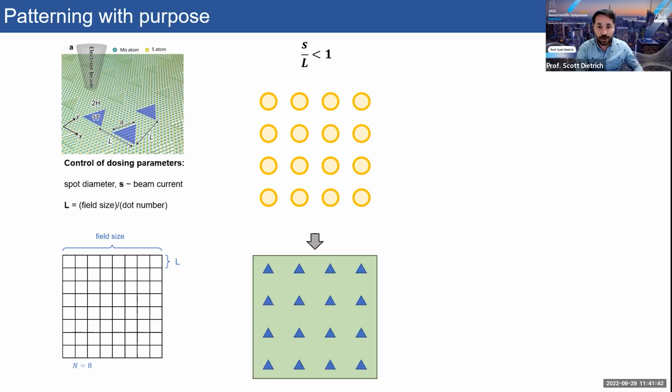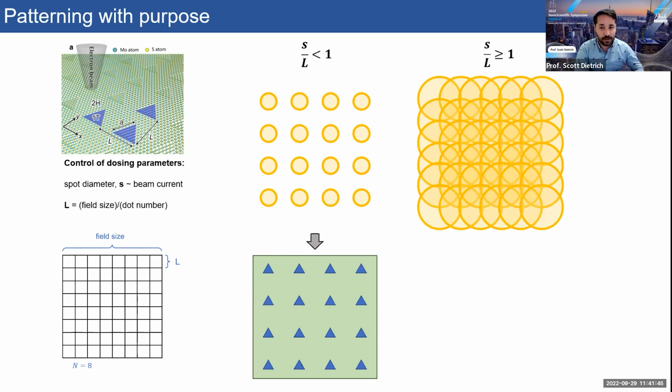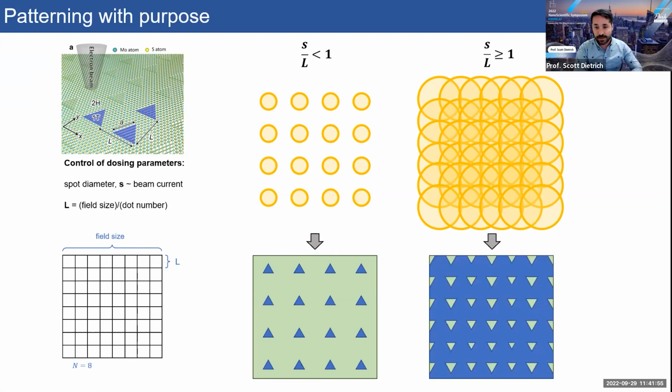However, for this work, we want to study the work function as we increase the dose. So what we're going to do is make our spot size much larger than the pitch. We're going to have a lot of overlap with our beams, and this creates very metallic, focused surface coverage.